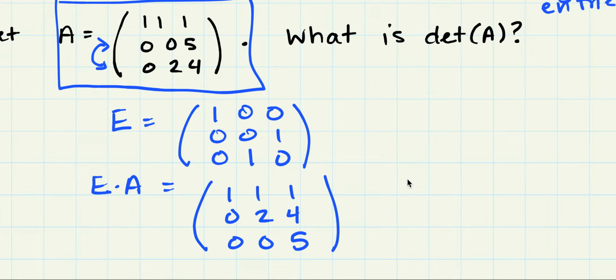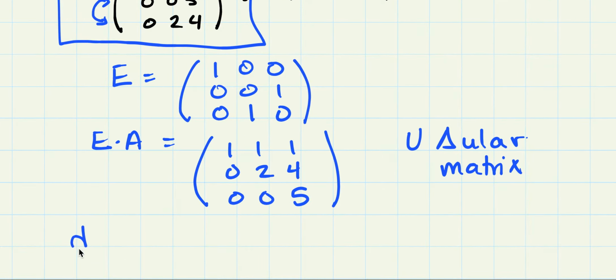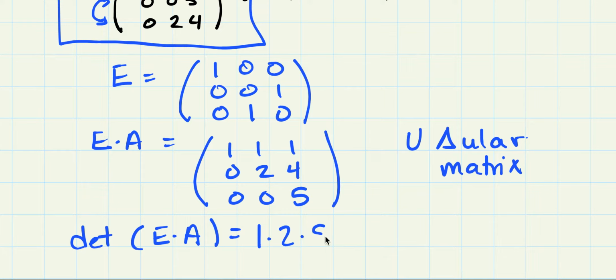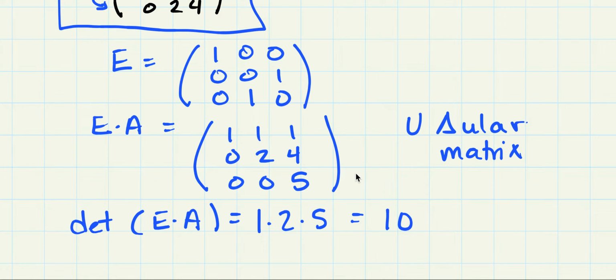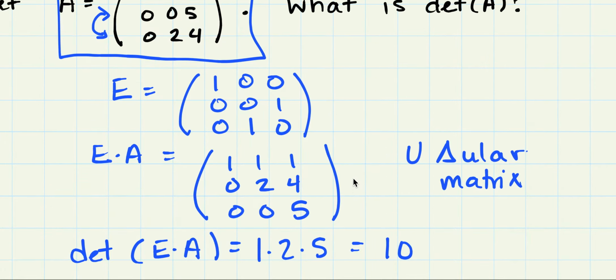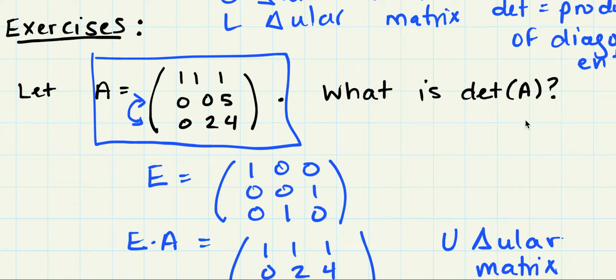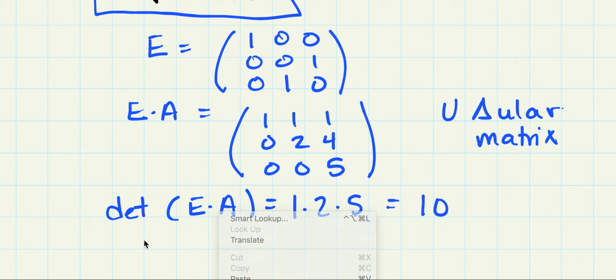And this is an upper triangular matrix. And what's the determinant of this matrix? Well, it's just 1 times 2 times 5, which is 10. But what I wanted to find was the determinant of the original matrix, A, right? So I need to find the determinant of A.